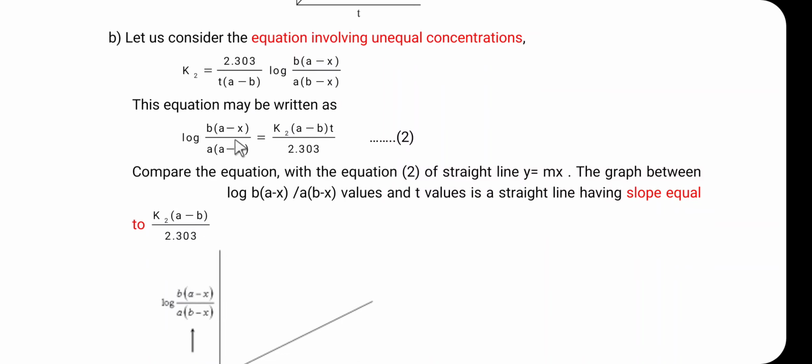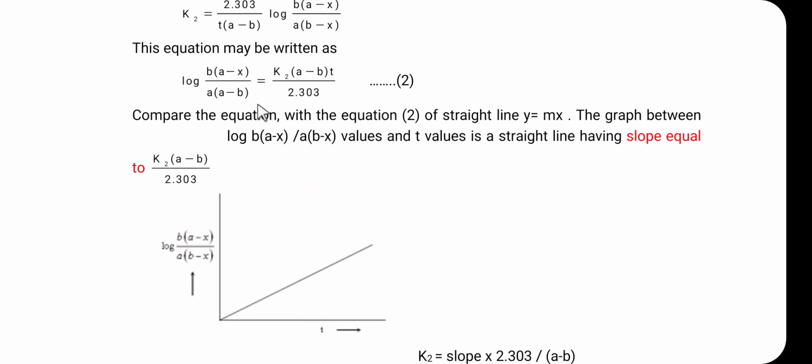This equation can be rearranged in this way, that is log of b into (a minus x) divided by a into (b minus x) is equal to K2 into (a minus b) into t divided by 2.303.